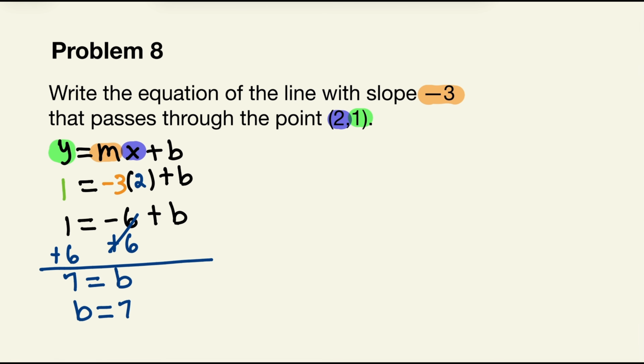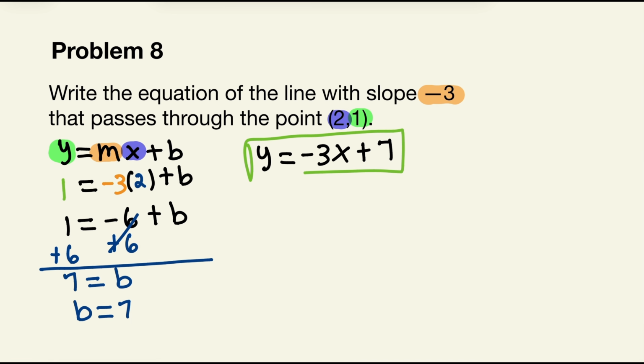All right, so now we can write that equation because we have everything that we need now. So that is y equals, and m is -3, recall. So that is -3x plus b, and b is 7. y equals -3x plus 7 is your equation. Final answer.